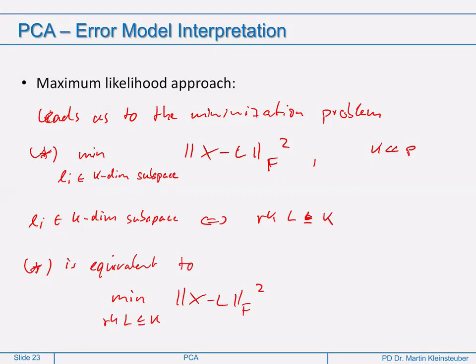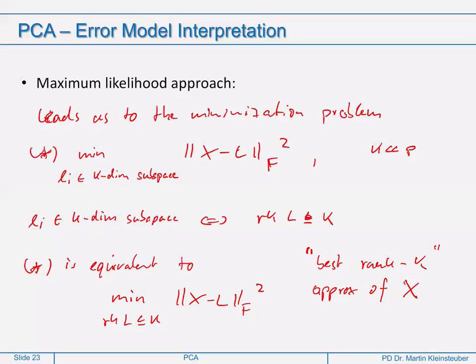And this problem is also known as the best rank k approximation of the matrix X. Okay, so this maximum likelihood approach brings us to this optimization problem.